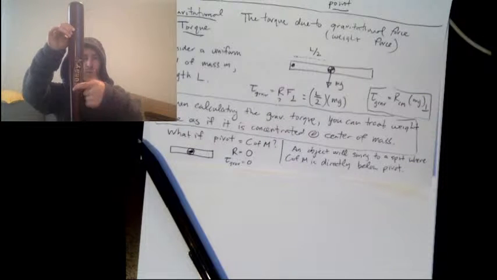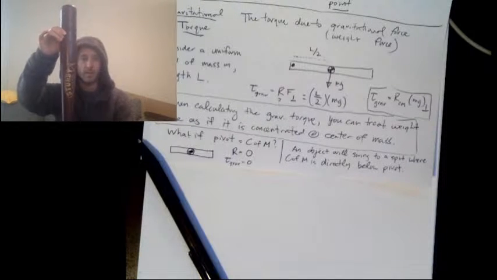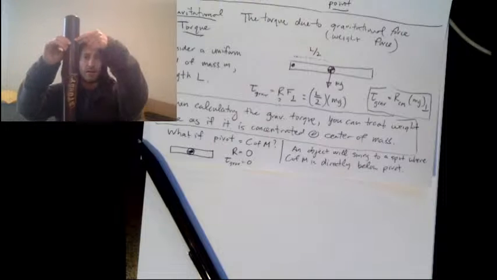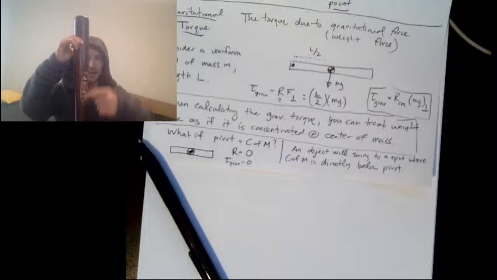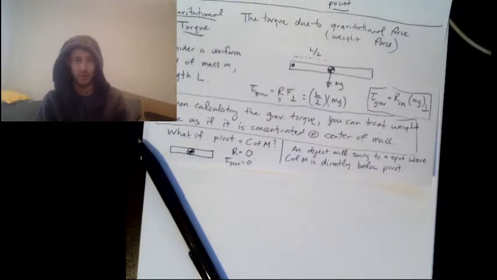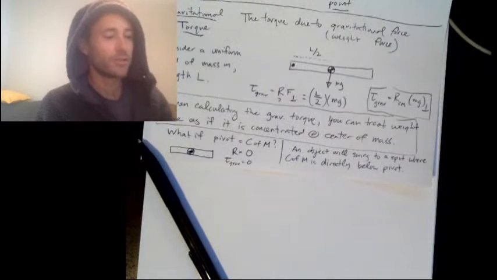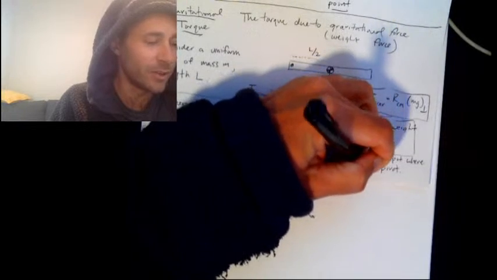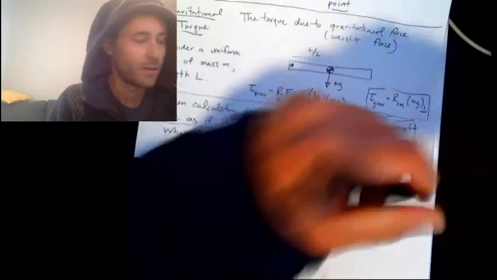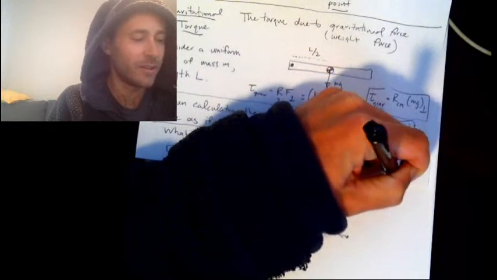And then the weight force is also vertical. So you can see that the line and the weight force are parallel to each other in that case. So what that means is that F perp is 0, which means that there is, again, no torque.